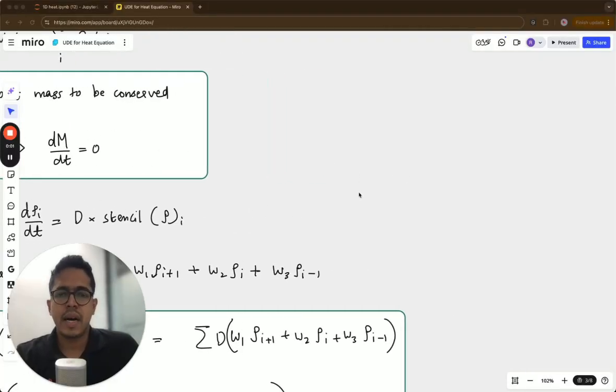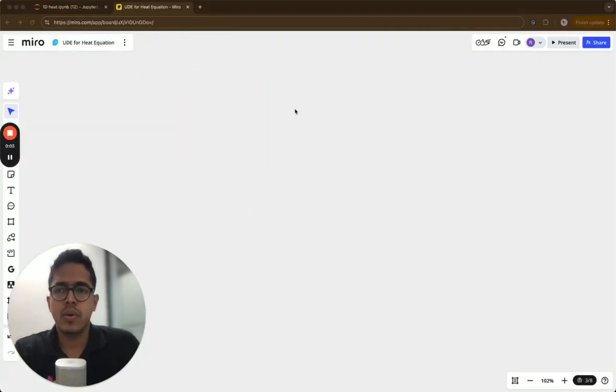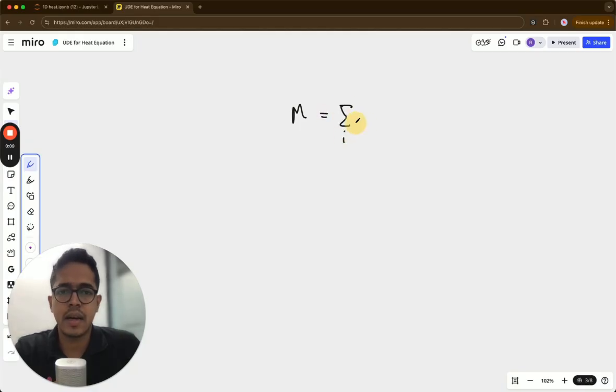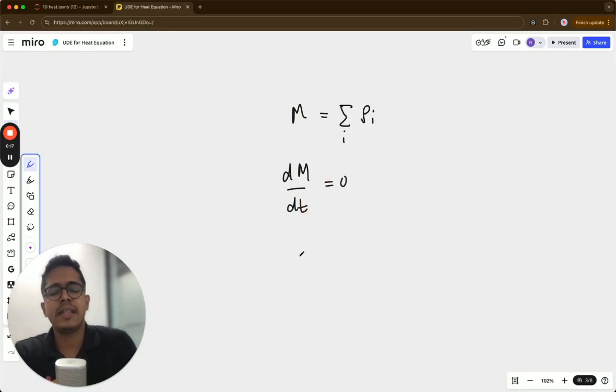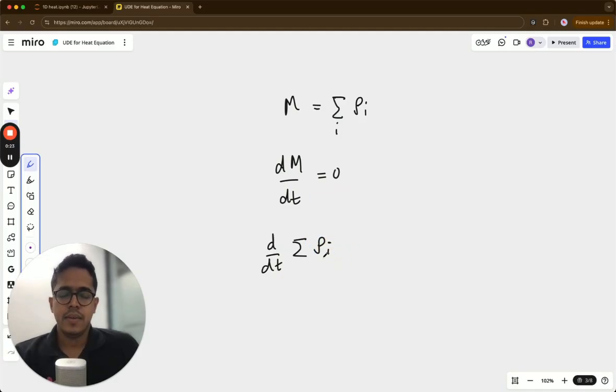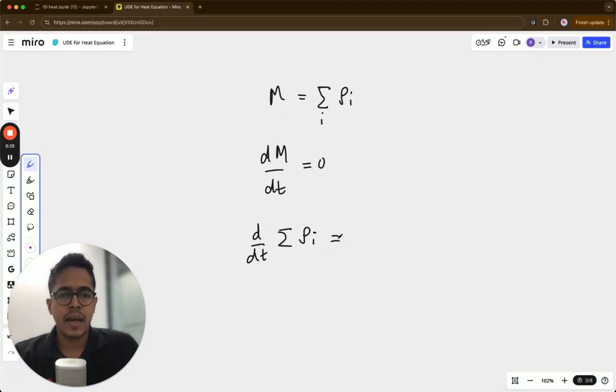So if the mass is sigma times rho, we know that m equal to sigma I rho I. Then we were saying that dm by dt is equal to 0. But what is dm by dt? It is d by dt of sigma rho I. So here what I can do is bring the d by dt inside the sigma.